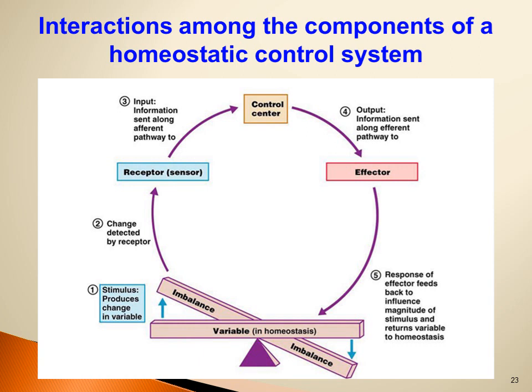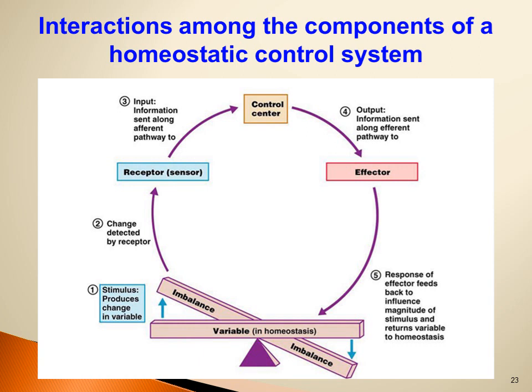The receptor or sensor will send information either as hormones or as signals through the afferent pathway to the control or integrating center. And as I said, most of the integrating centers or control centers are present in the central nervous system or brain.